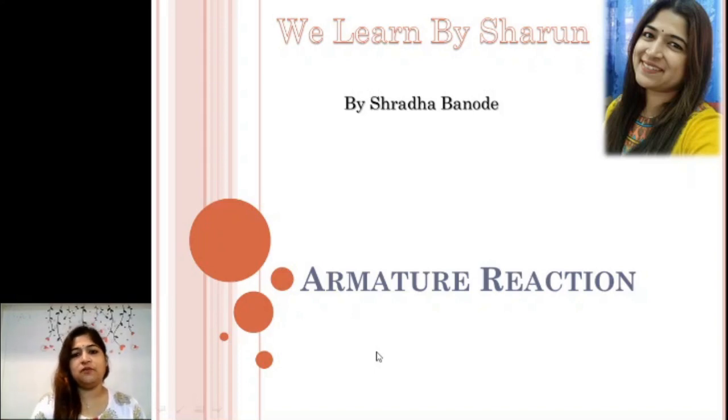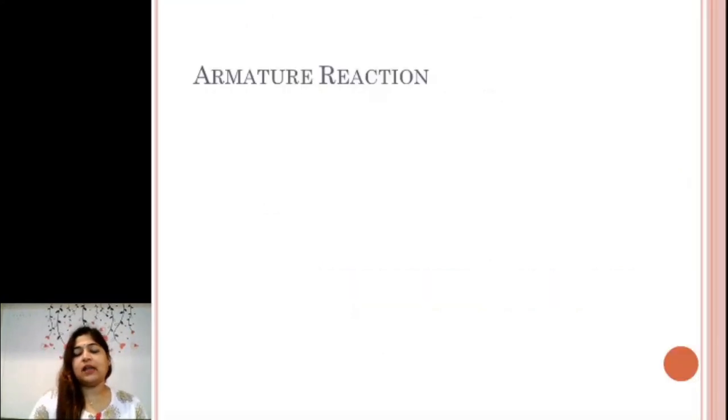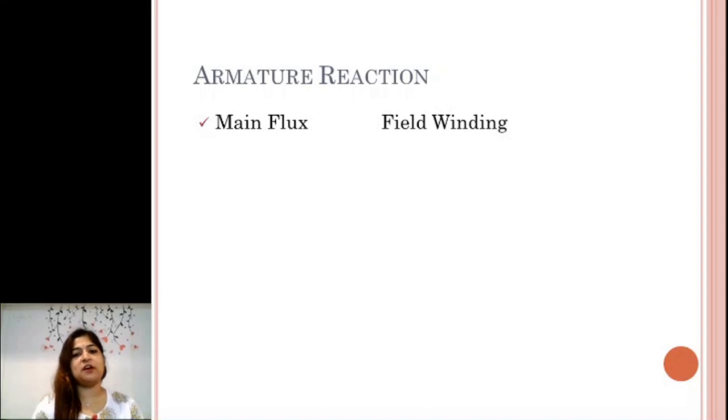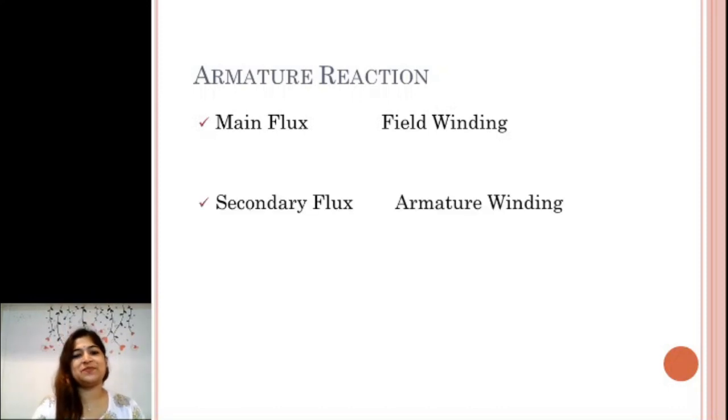Moving forward, the next topic we are going to see today in this series is armature reaction. Now, what is armature reaction? In any kind of machine, you have main flux which is produced by field winding, and there is another flux, secondary flux, which is produced because of armature winding.